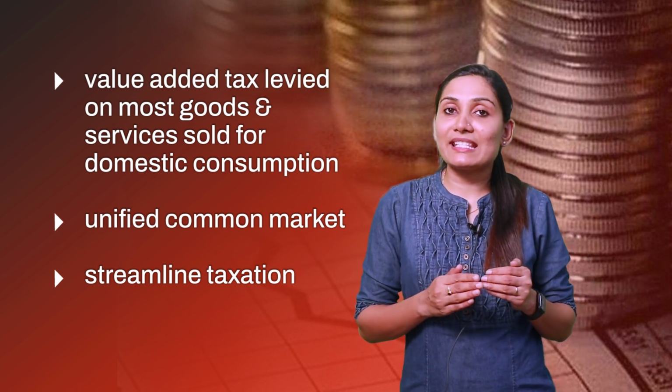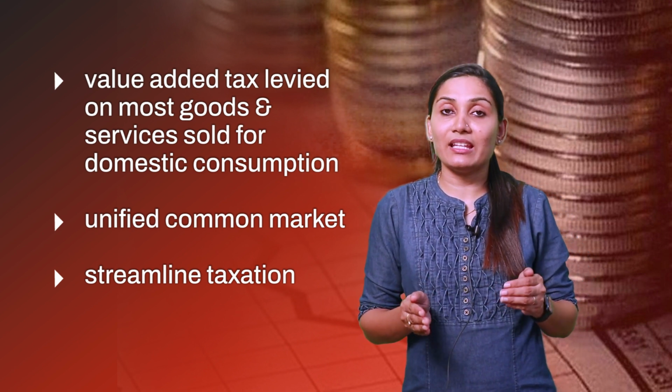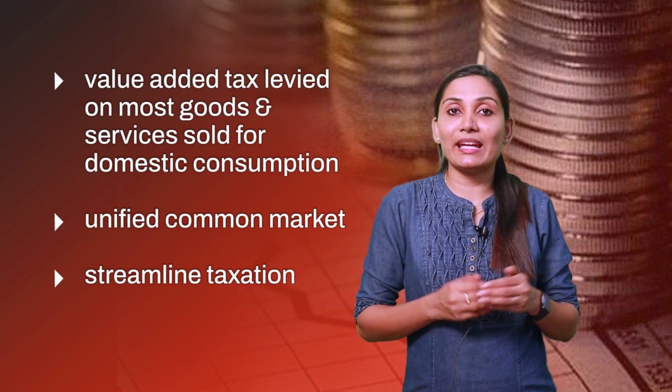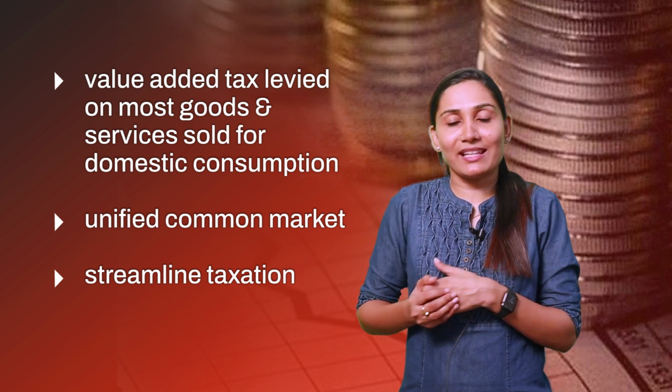And therefore, GST has streamlined taxation in India and has also created a unified common market in the country. More than 160 countries around the world have adopted GST or similar taxation systems because of its simplicity and ease. So we can say that GST is a single tax on supply of goods and services right from the producer till the end consumer.